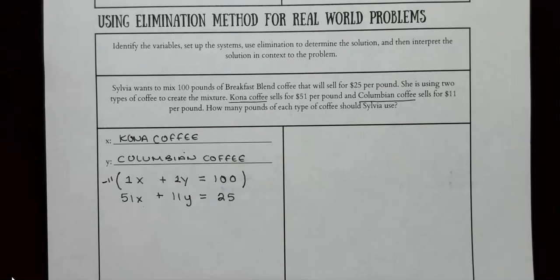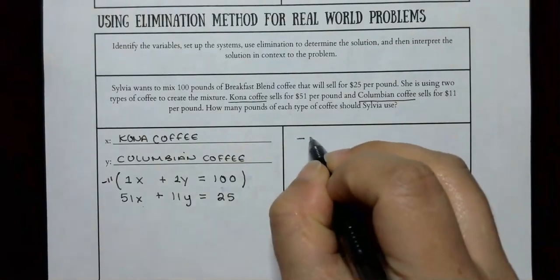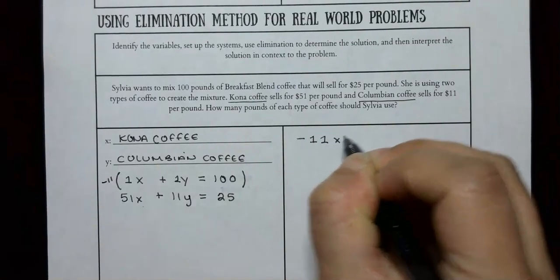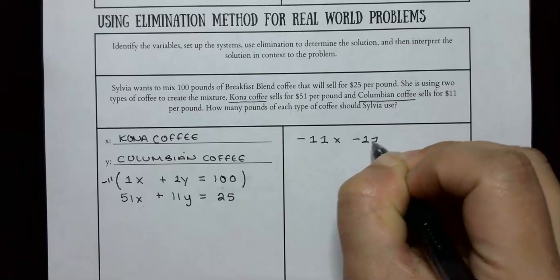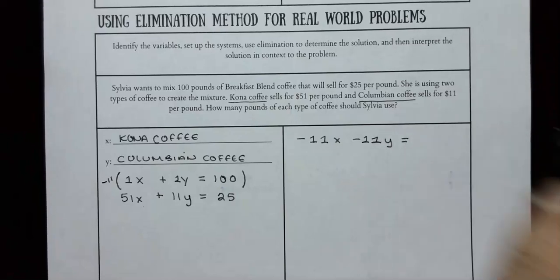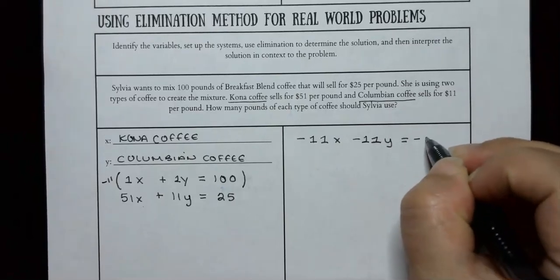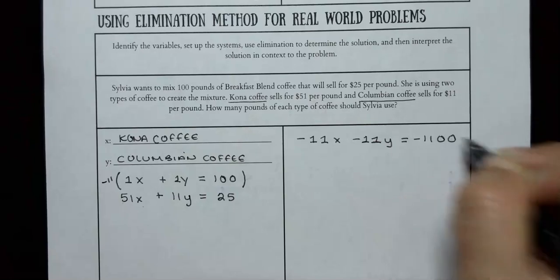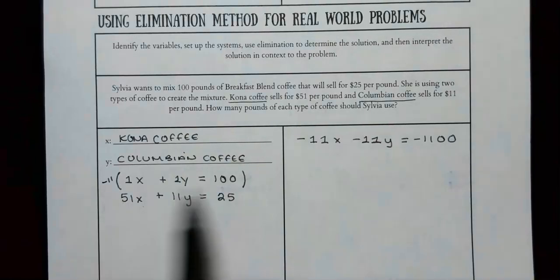Like that. Okay. All right, so I'm going to do my work over here since we already set up the equation. We're going to say negative 11x negative 11y is equal to negative 1,100. So if you take negative 11 and multiply it by 100, you're going to get negative 1,100.